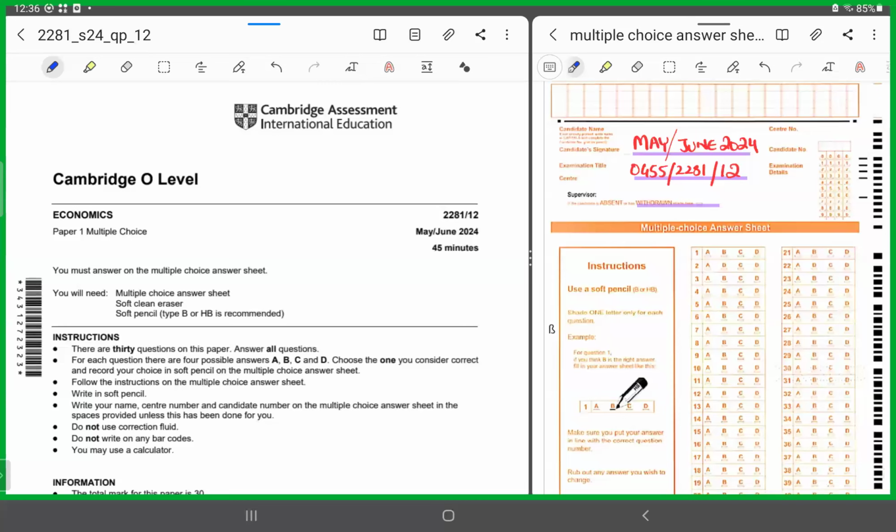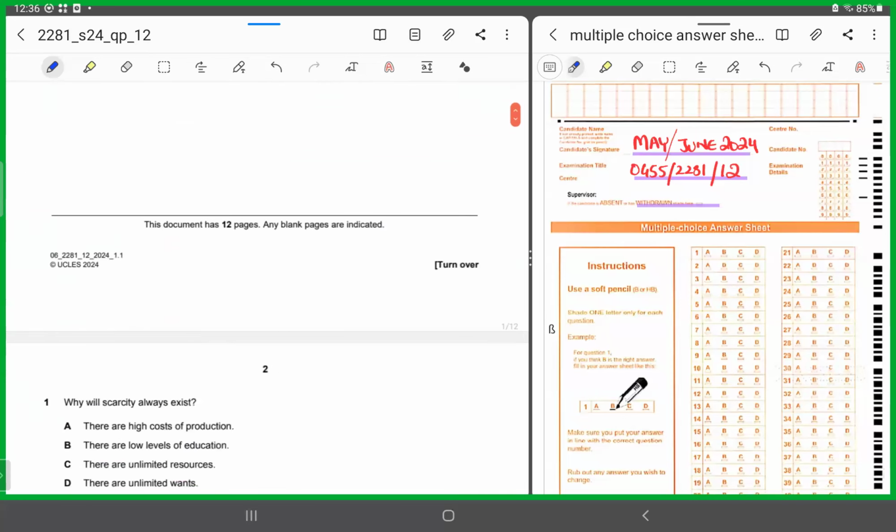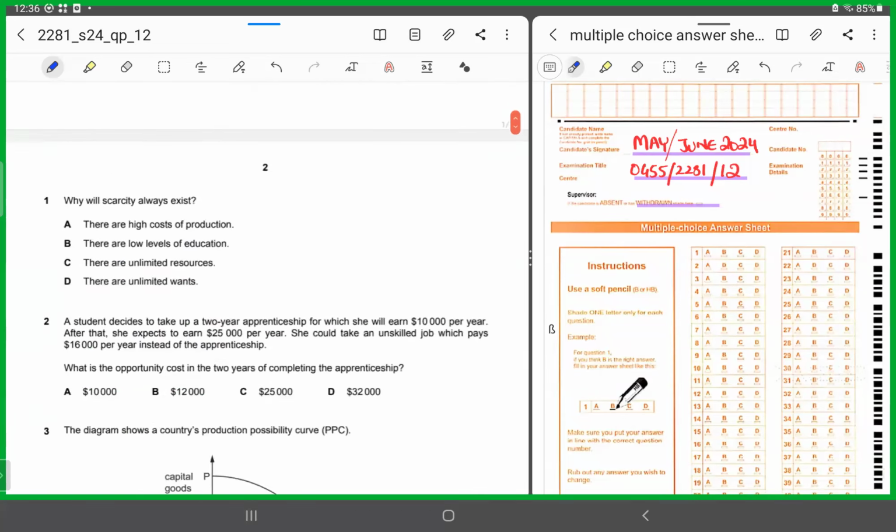On my right, you can see the answer sheet similar to what you'll be getting in the exam, and you need to shade in your responses in this bubble sheet. All right. So the first question asks: why will scarcity always exist? Now, this refers to the basic economic problem, which we all know is what? That wants are unlimited, yet resources are limited.